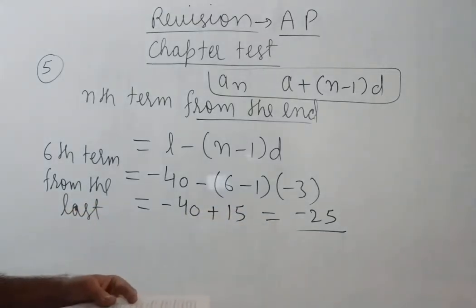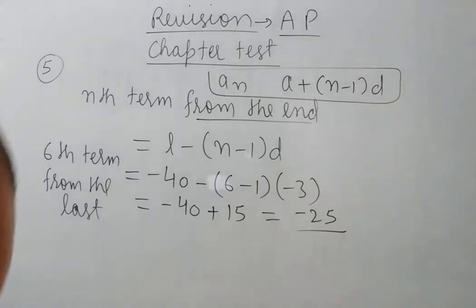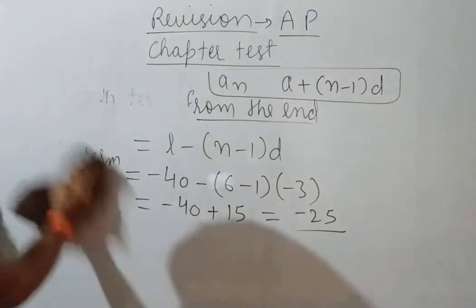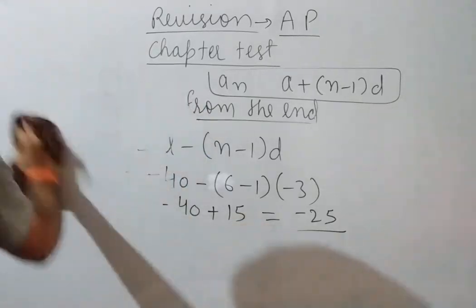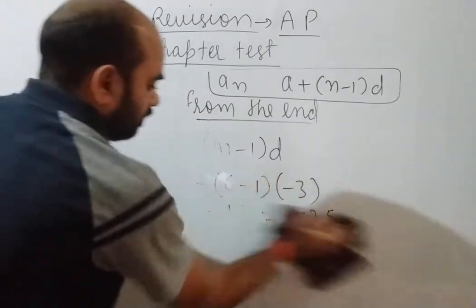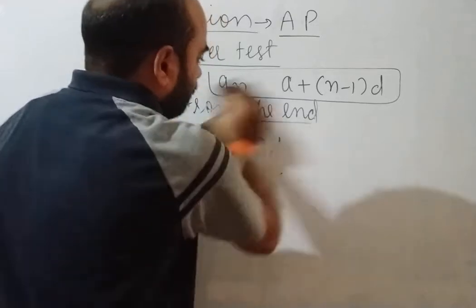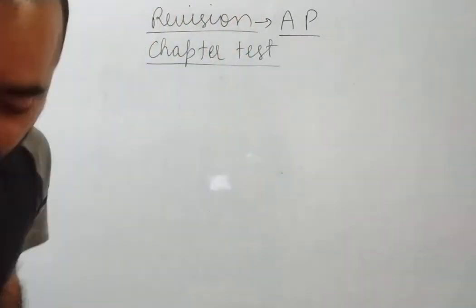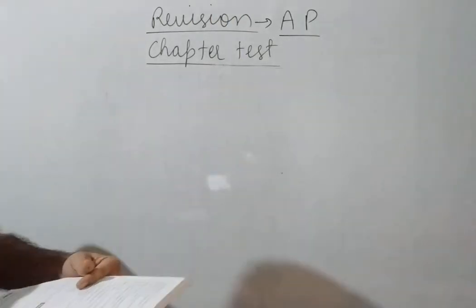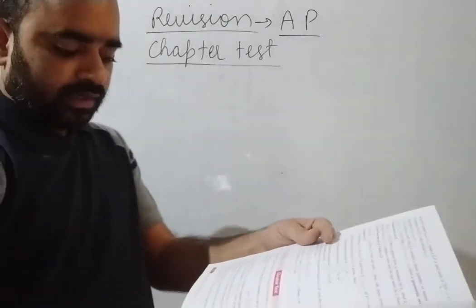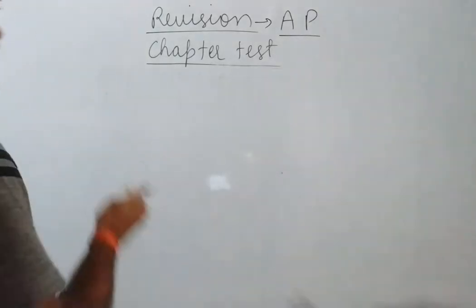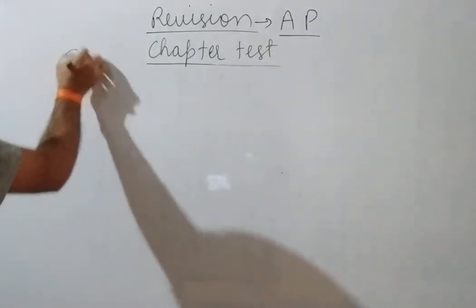Now next is question number 7 we can take. 17th term of an AP is 5 more than twice its 8th term. Question number 7.